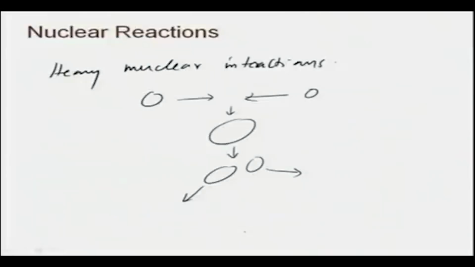So, there are experiments done at very high energies, where high energy heavy ions are collided on each other, and then you can observe various possibilities, what the resulting final states are, and what the signatures or observations are. Based on these observations, we can try to understand the dynamics of the nuclear reactions there.